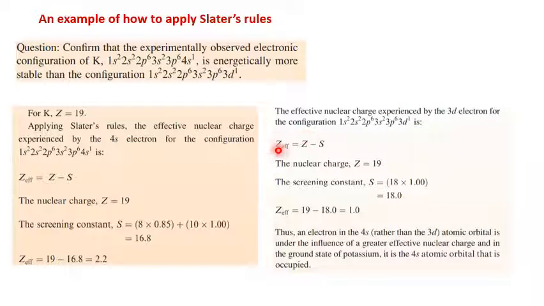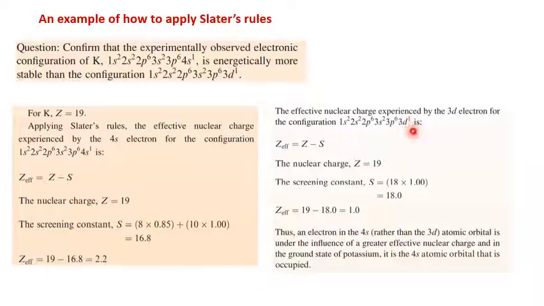This is the formula: Z effective is equal to Z minus S. The nuclear charge Z is equal to 19. Now for the d electron, apart from the d electron, you calculate the contribution of the other electrons to the screening value S. I have already talked about the case of the d electron: all the electrons to the left of the electron of interest will contribute fully 1 to the screening constant.